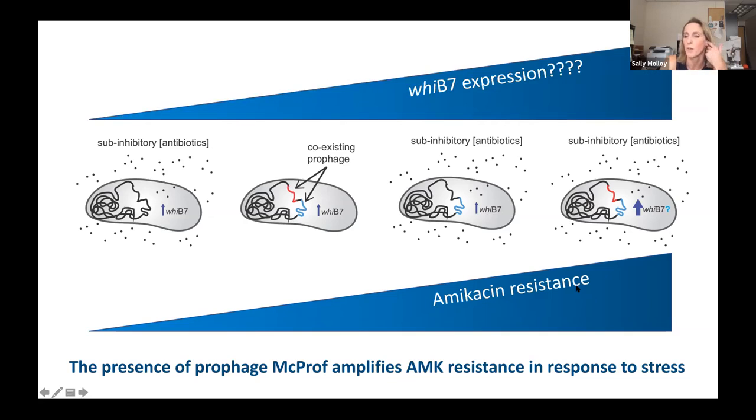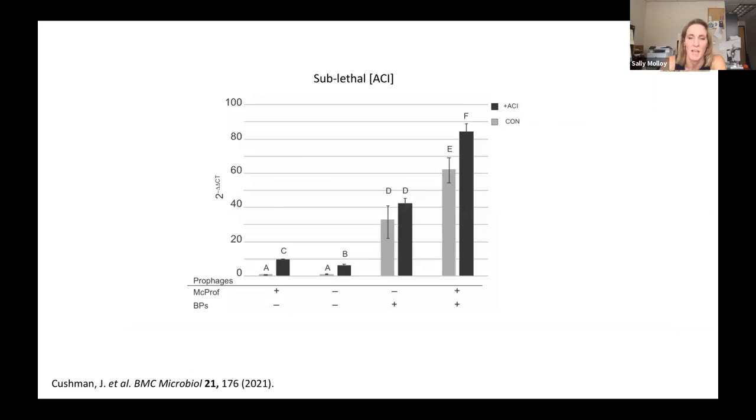We also wondered whether we could see a similar pattern in YB7 expression if we treated them with acivicin. And the answer to that question is not so much. So each of our strains treated with acivicin, shown in black here, had an increase in YB7 expression, with the largest response in YB7 in our single McProf lysogen.